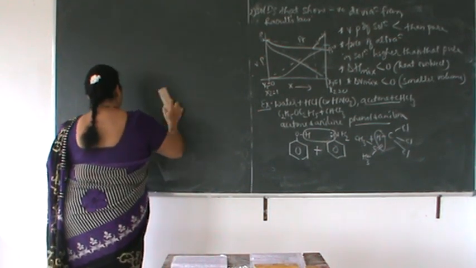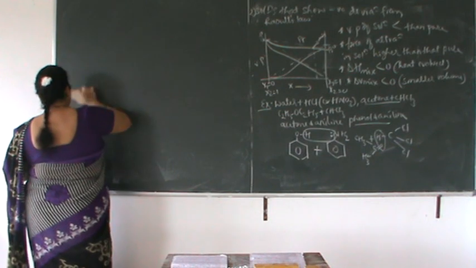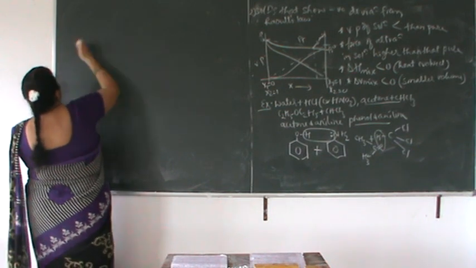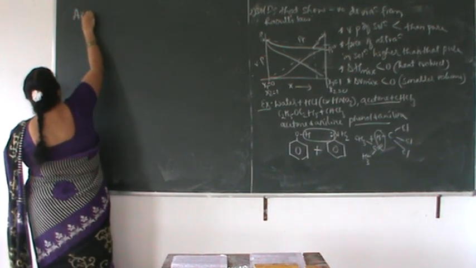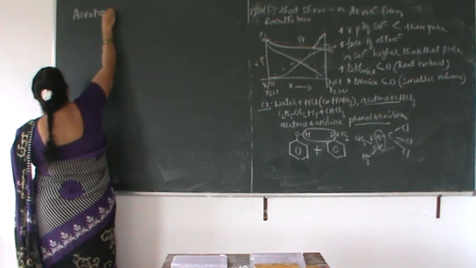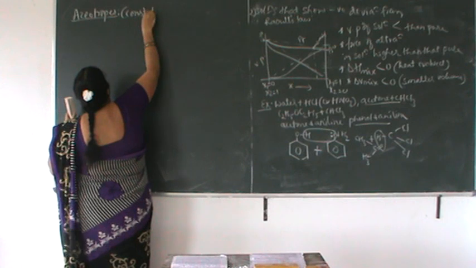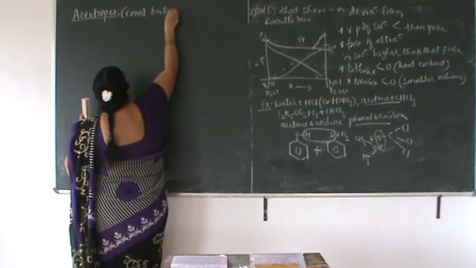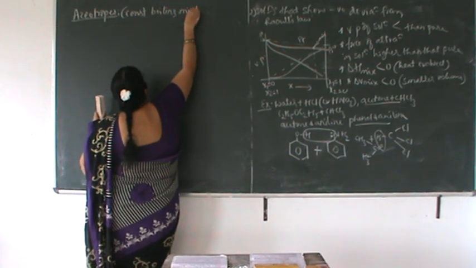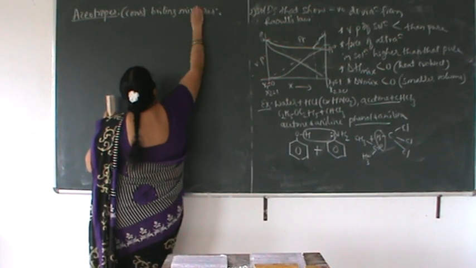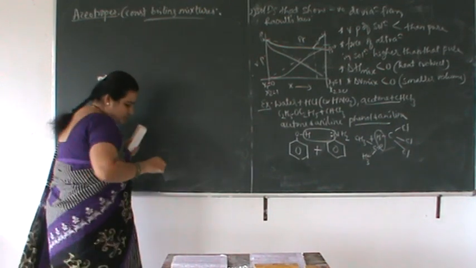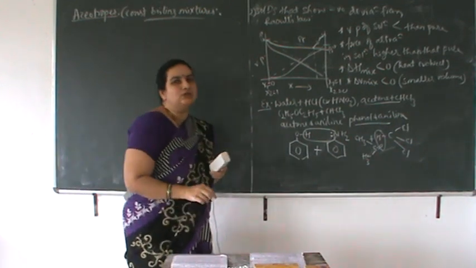I will deal with that, then I will give you the examples. Azeotropes are also called constant boiling mixtures. These azeotropes will be asked in 1 or 2 marks.